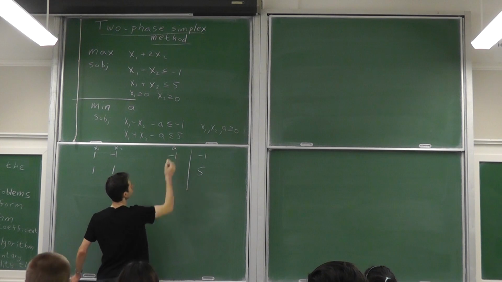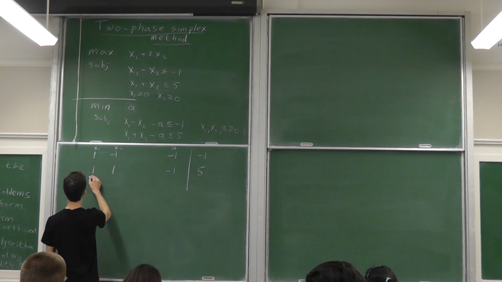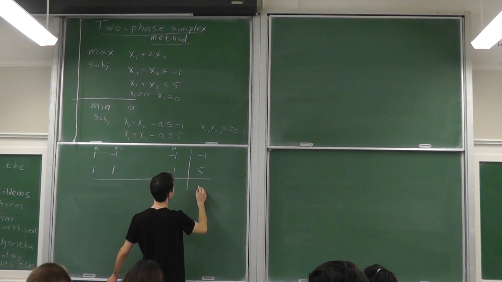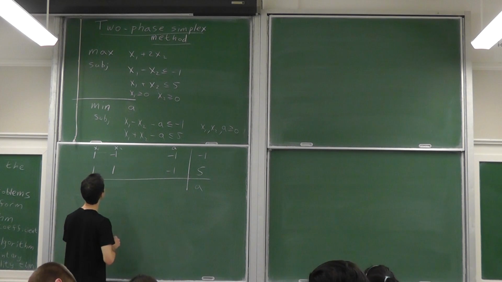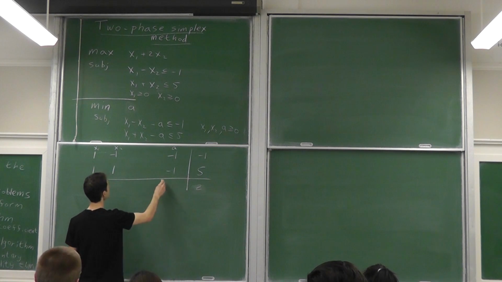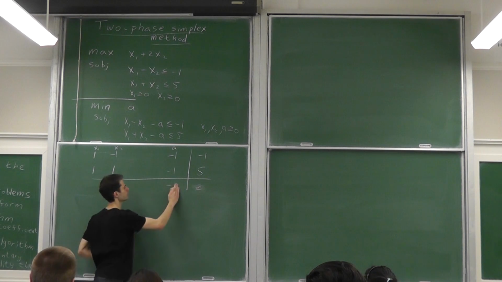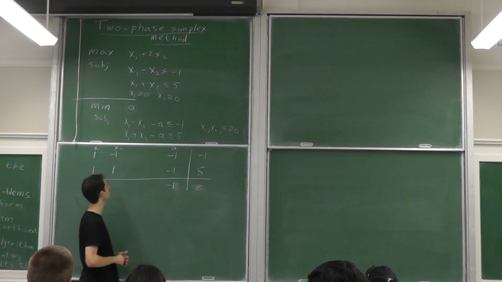This will stand for the artificial parameter, the amount by which I decrease everything. And my objective function, let's say z, will be minus a. I want to maximize minus a, so minus like this.